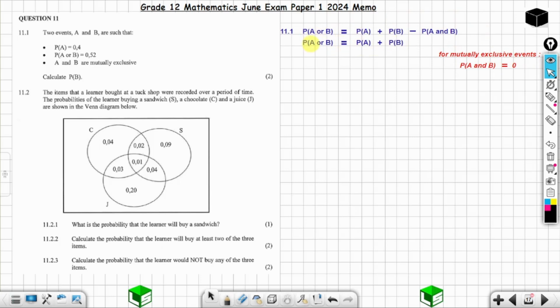We are given the probability of A or B, 0.52. This is equal to the probability of A, which is 0.4, plus the probability of B. The question is to calculate the probability of B, 2 marks. So the probability of B is equal to 0.12.